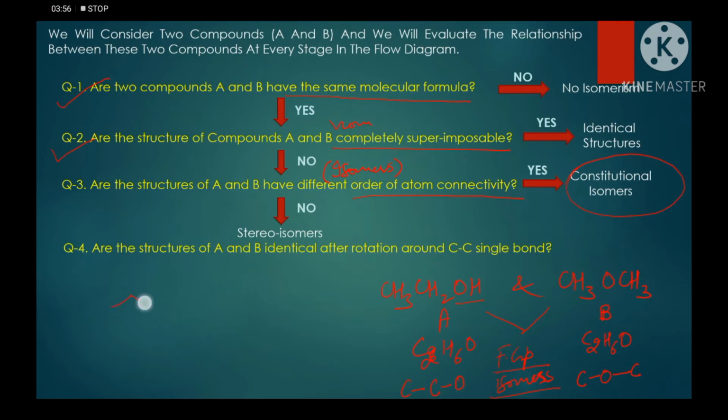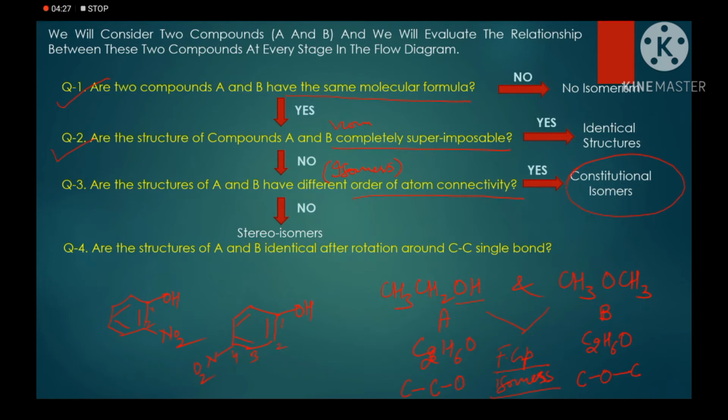Similarly, if we talk about position isomers, for example, if I take orthonitrophenol and paranitrophenol. In orthonitrophenol, there is a sequence order of atom connectivity, two carbons between oxygen and nitrogen, but in this case there are four carbons between oxygen and nitrogen.